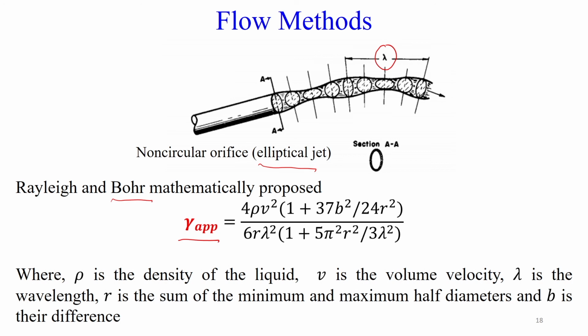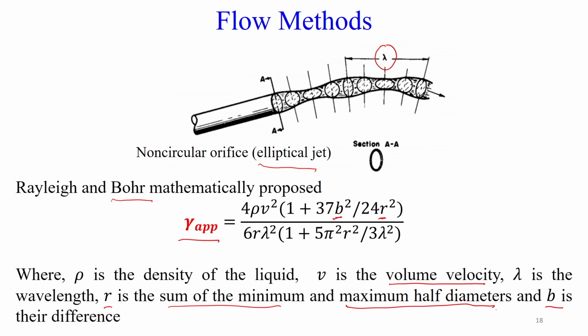So, it says 4 rho, rho is the density, V is the volume velocity. There are two parameters we are playing with, one is B and the other is R. R is the sum of the minimum and maximum half diameters, and B is the difference between the minimum and maximum half diameter.